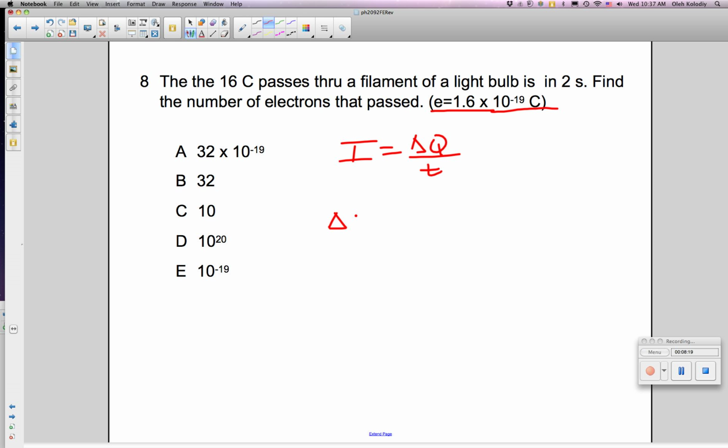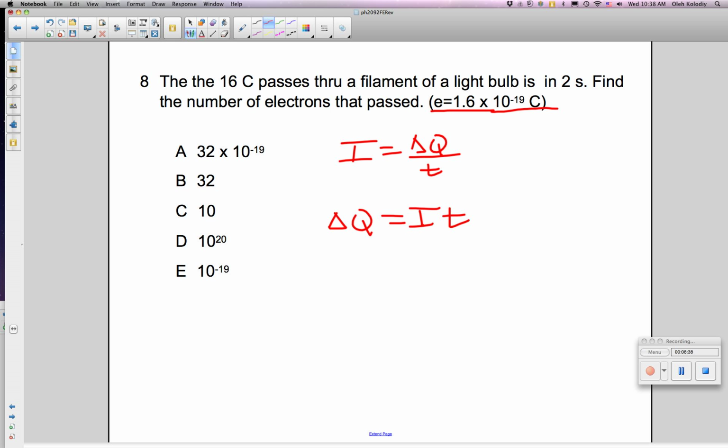So that would be 8 coulombs per second, or 8 amps. An amp is a coulomb per second. But this particular problem just asks you to find the number of electrons.